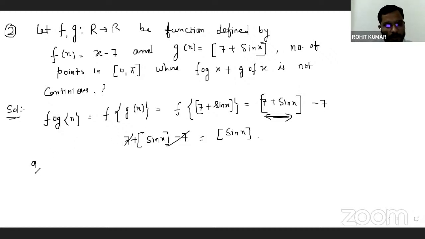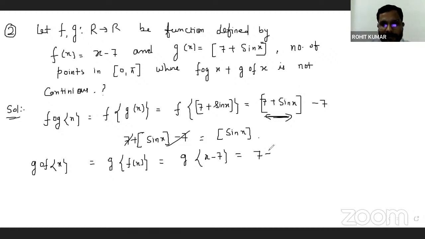Let's calculate gof(x). That is g(x minus 7), so that is the greatest integer function of 7 plus sin x minus 7, which is 7 plus the greatest integer function of sin x minus 7.